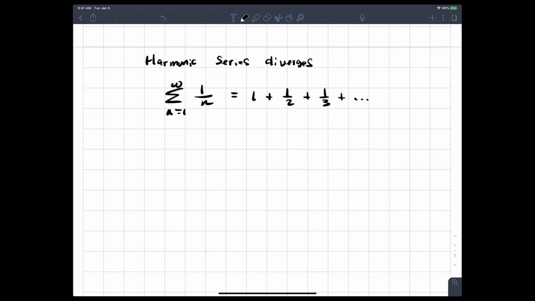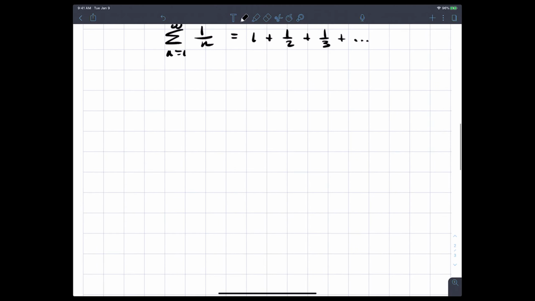This comes from the function 1 over x. The graph looks like this. You remember? It's a hyperbola.